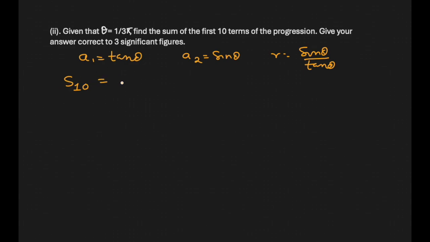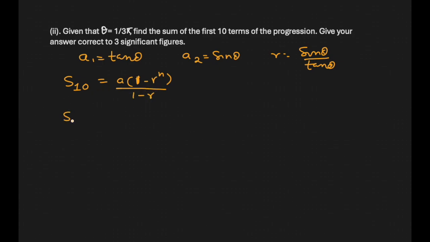The sum of the first n terms is a times 1 minus r to the power n over 1 minus r.